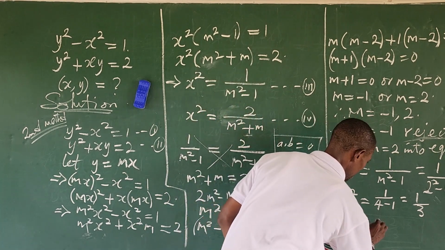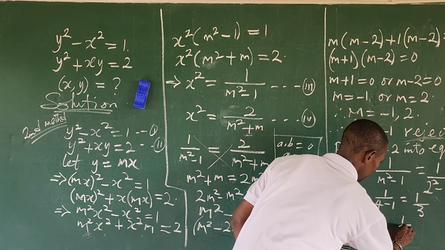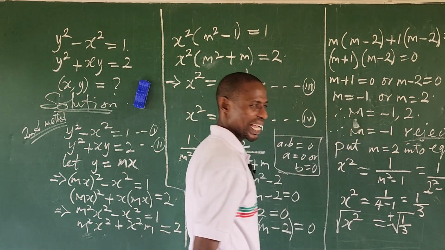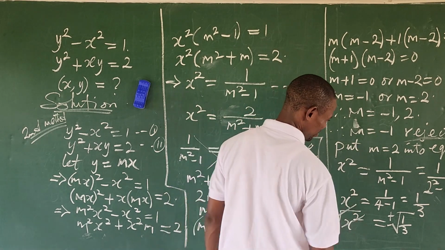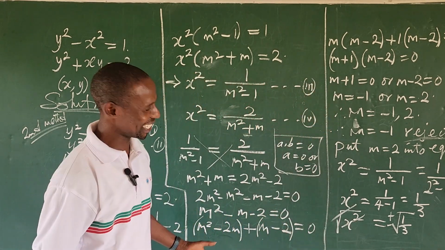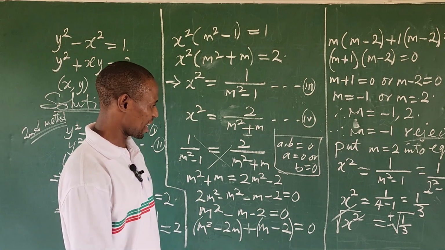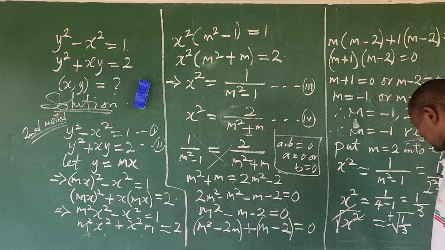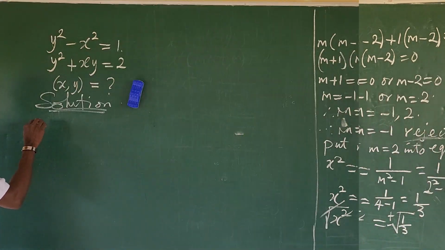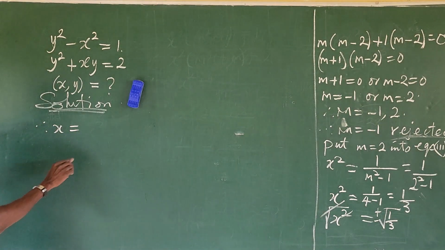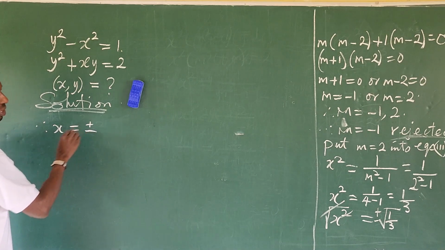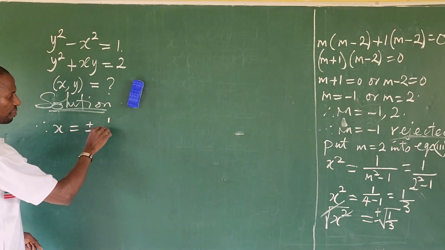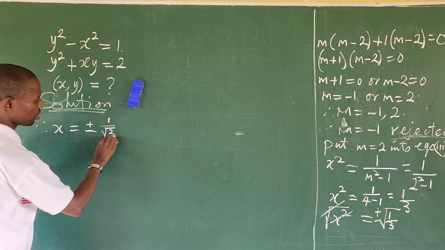So the square root of this is equal to 1 all over the square root of 3. Then we introduce our plus minus. This goes with this. Do you see it? We're almost there. Let's go to this other side of the board to get our final answer. Therefore, x is equal to plus minus the square root of 1 all over 3, which gives us 1 all over the square root of 3.